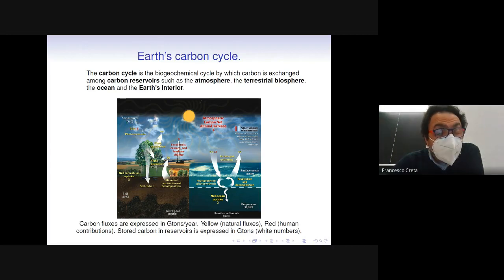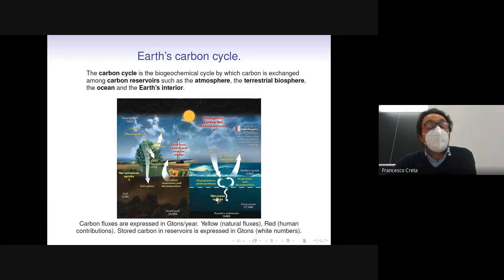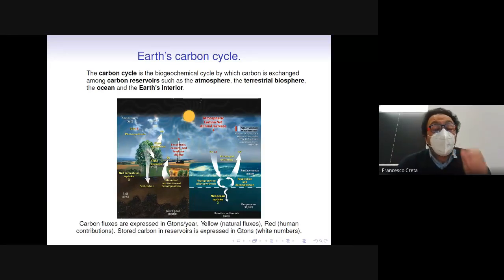There is a lot of carbon atoms stored in plants, okay, in biomass. There is a huge amount of carbon stored in water, okay? So there are essentially so-called tanks or reservoirs of carbon, okay, in the atmosphere, and they exchange carbon at a certain rate, a natural rate, okay?